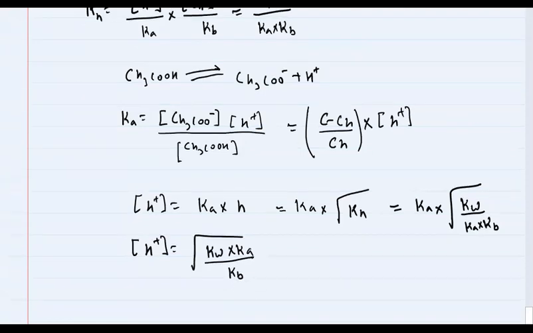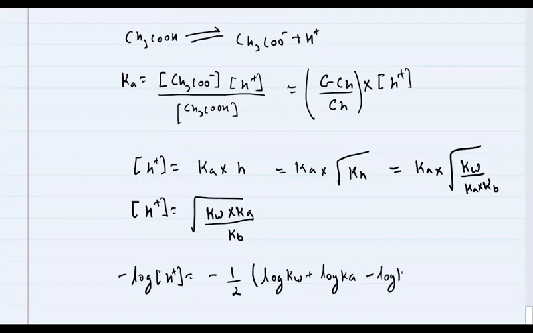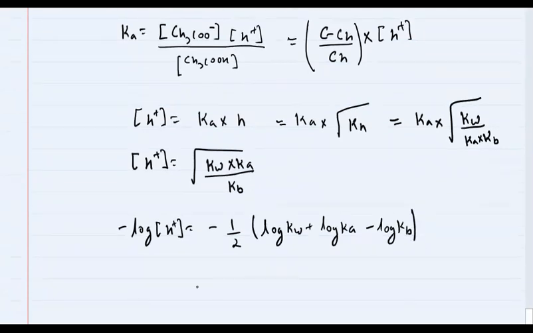If you take log, we will get minus log concentration of H plus is equal to minus half log Kw plus log Ka minus log Kb. Right everyone? Step by step.